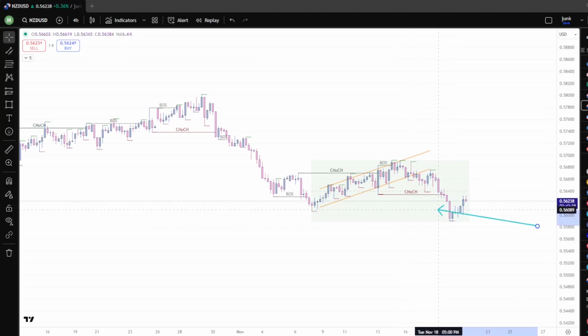Like I said, it wasn't an impulse out. It just wasn't as much as I wanted it to be. And price did immediately come back into this consolidation. So waiting to see if this is going to be a pullback and then continue down. It doesn't necessarily have to come back into a premium of this range, but if it does, it's like the area of consolidation, area of supply that could push prices back down.